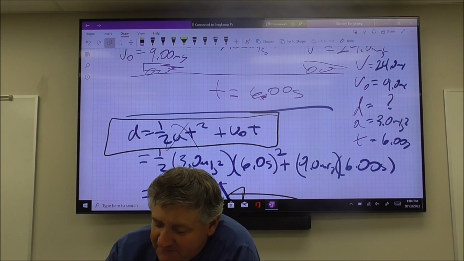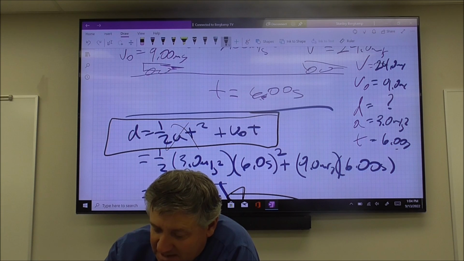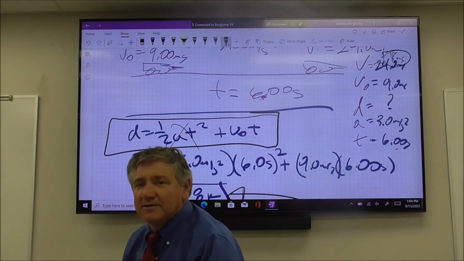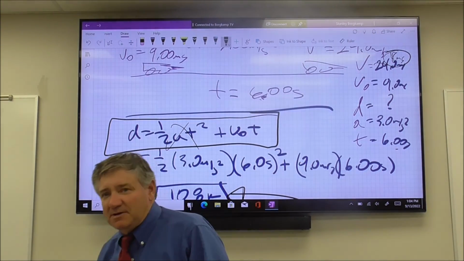And so that final velocity is going to be different, because if you take 3 meters per second times 6, that would actually be 18. Zach, you're right. It's 54. If you change that to 18, then you're going to get the same answer.